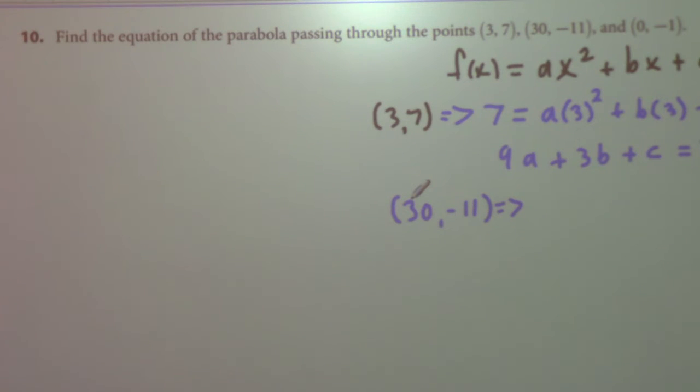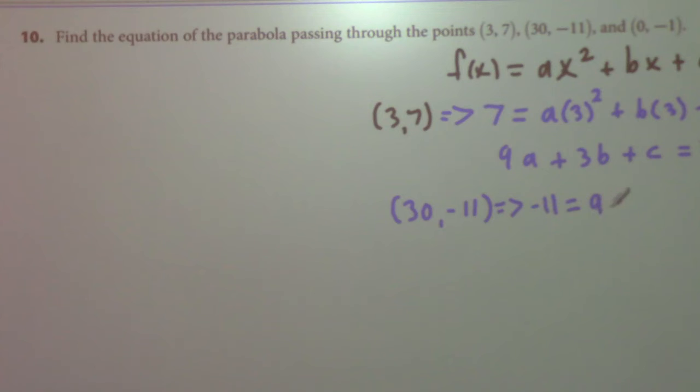negative 11. Okay, so what we're going to do is set our equation equal to negative 11. So negative 11 equals, and what we're going to do is take this x here and replace this x with our x value here. So what's this going to look like here?